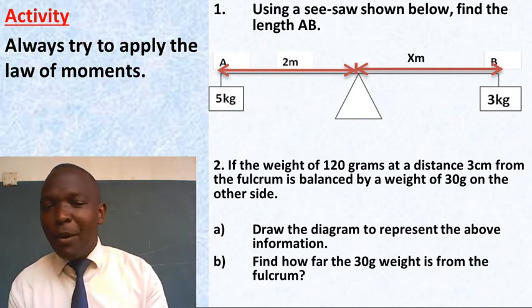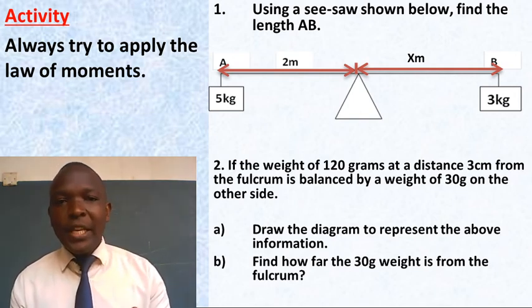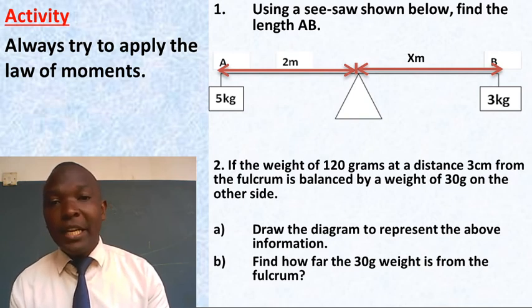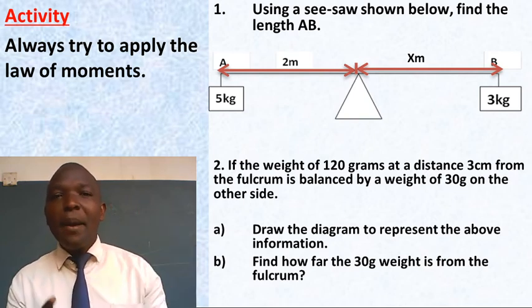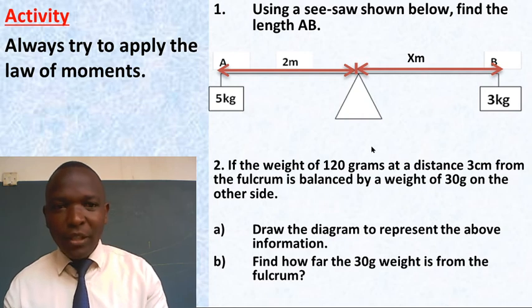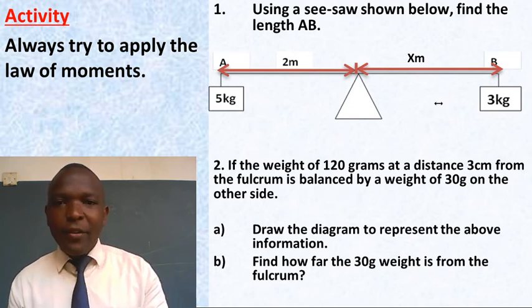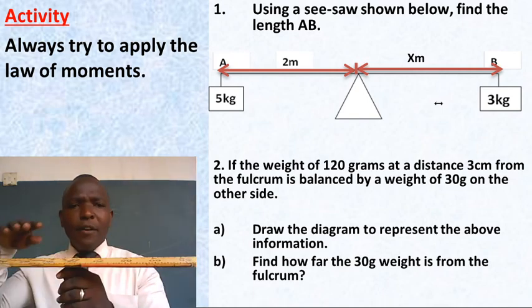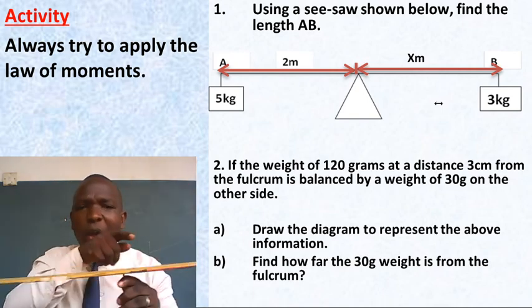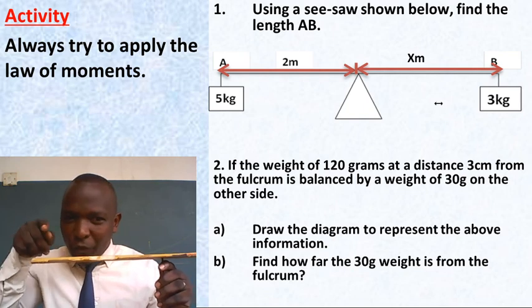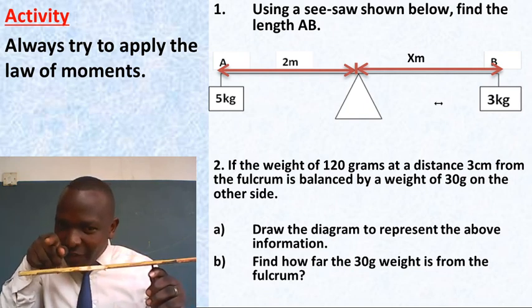For example, in number 1, they are saying, using the seesaw shown below, find length AB. Length from A to where there is B. Now, in that diagram, before you find that length from A to B, you first of all find the value of x.